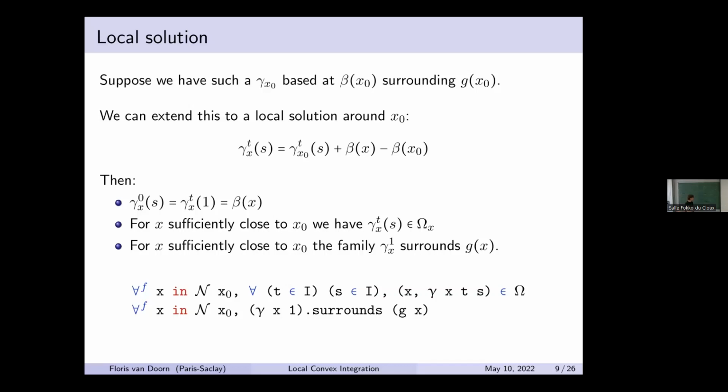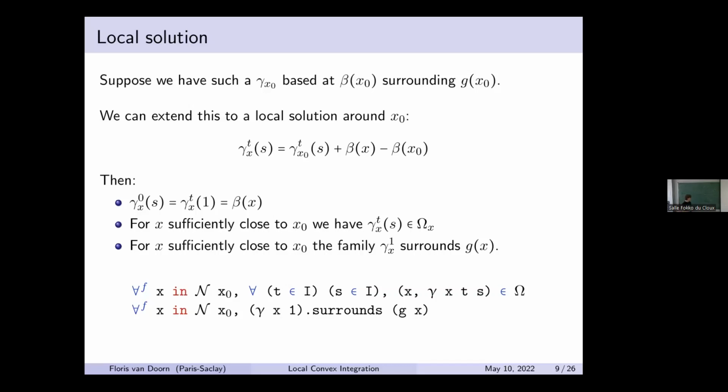So what this is saying is that for some open set around x, the set of points where this is true is an element of the neighborhood filter around x naught. And so we can write this down and prove this, and then we can also write this second statement down. So these are actual Lean statements that translate these bullet points above.